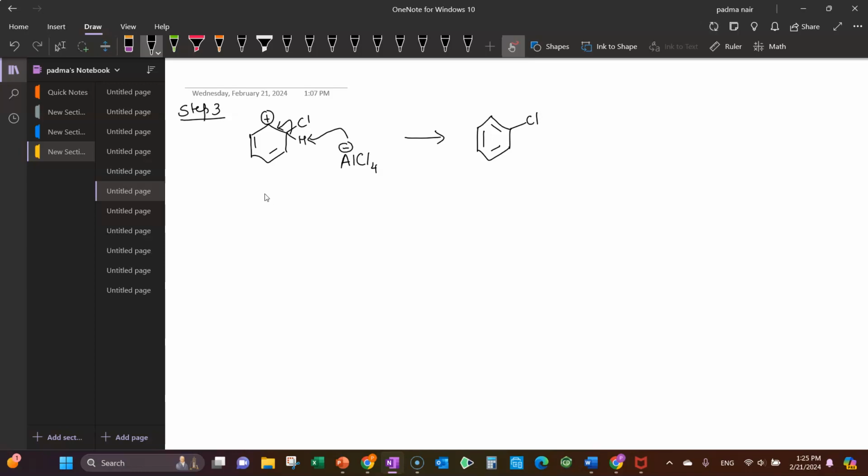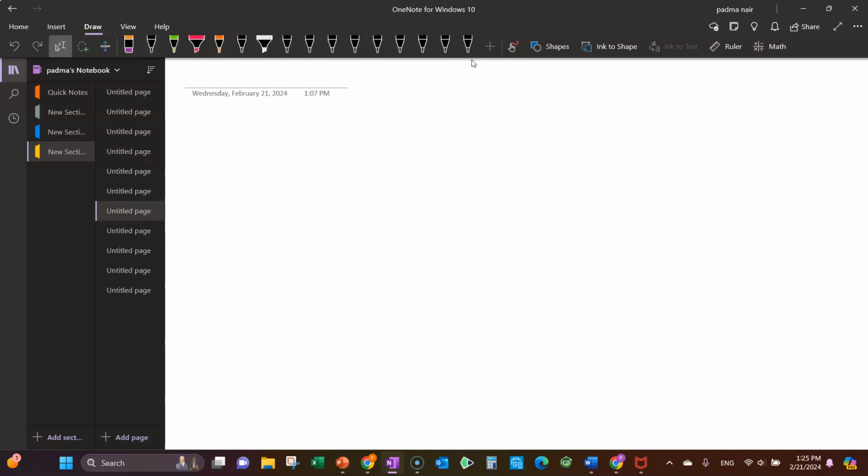Okay, let's do one more, which would be nitration. I'm going to use a different page to show nitration. So we are doing the second reaction, which is nitration of benzene. Always the best way to study all these reactions would be to write down the overall reaction first, so that you know what exactly is happening. So we take benzene.